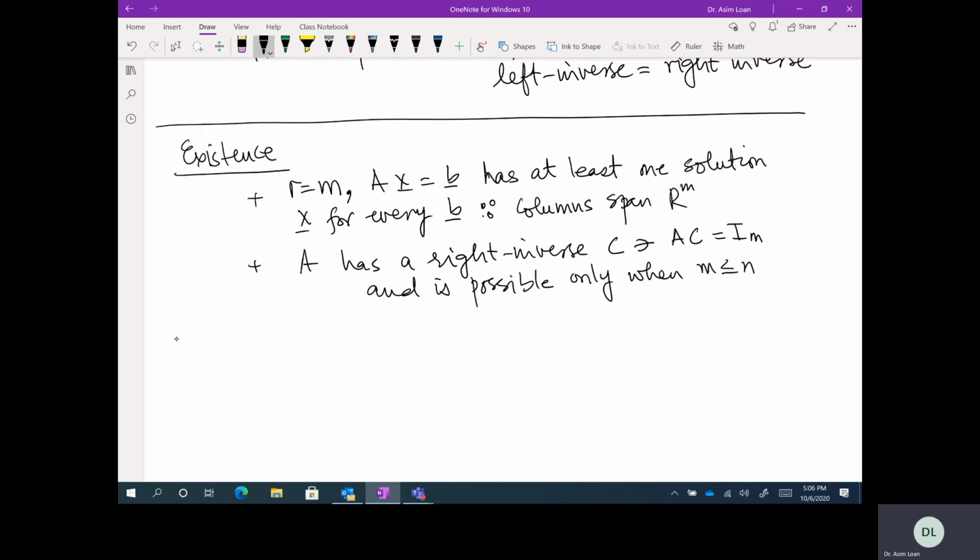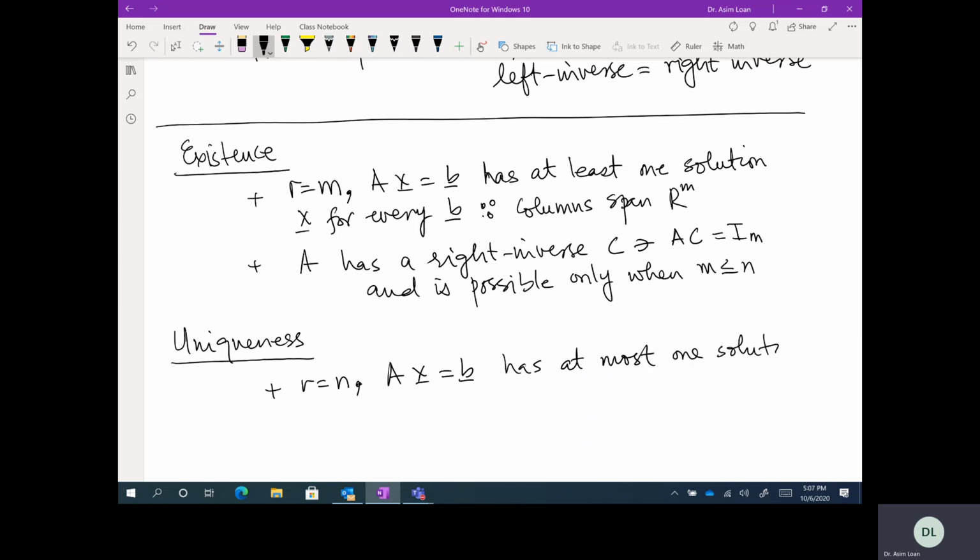And what about uniqueness? So for uniqueness, R equals n, Ax equals b has at most one solution x for every b, because columns are independent, or there are no free variables.